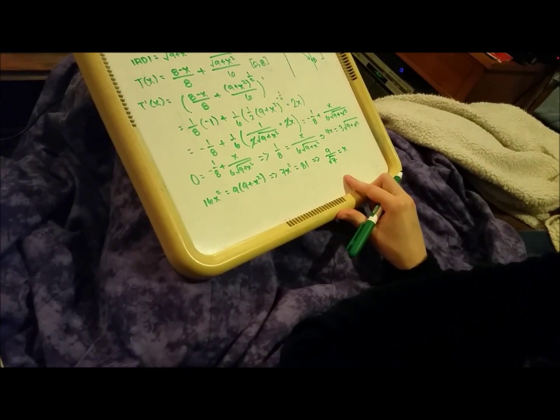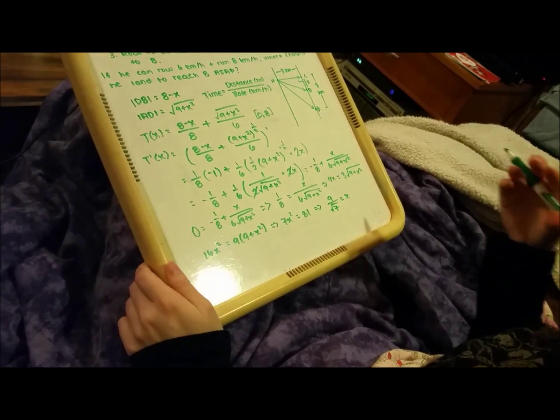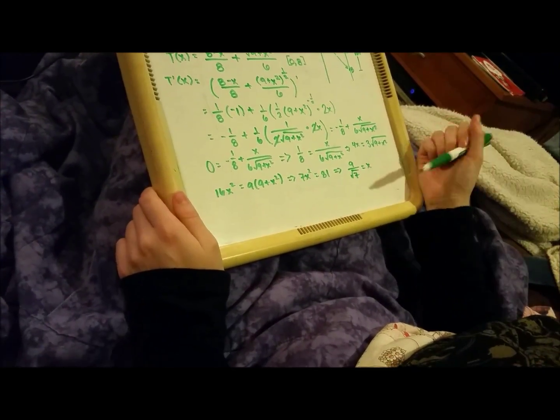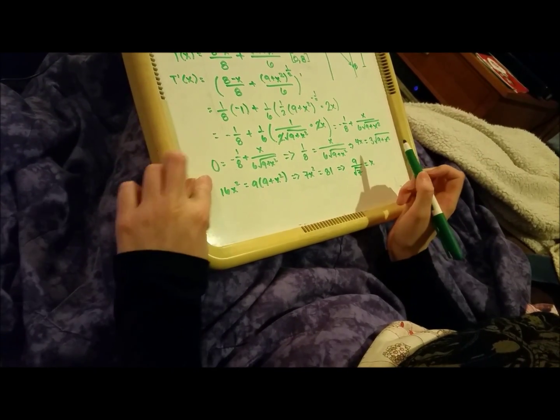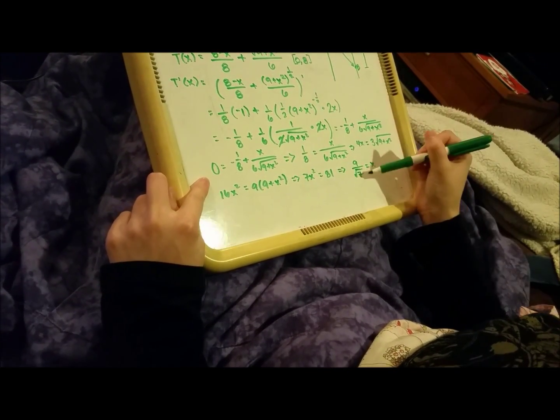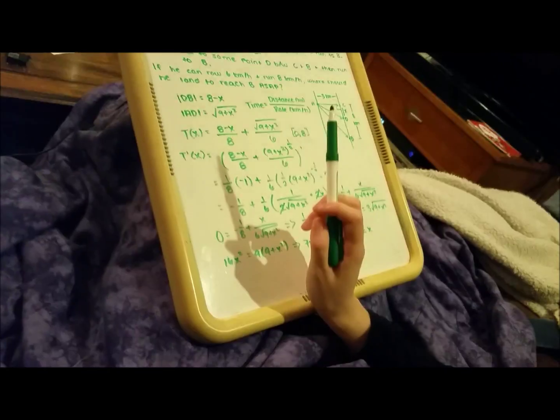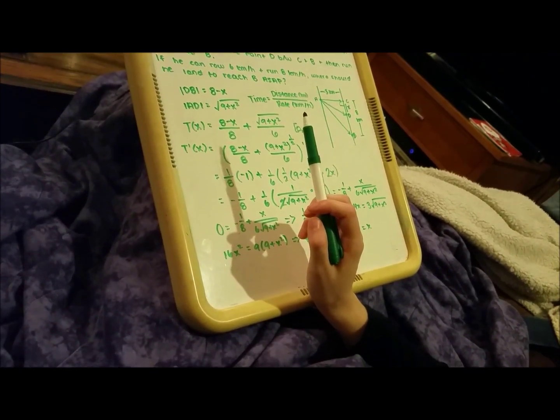Next, because we want to find the absolute minimum, we're going to plug in 0, 8, and our 9 over root 7 into our original equation.